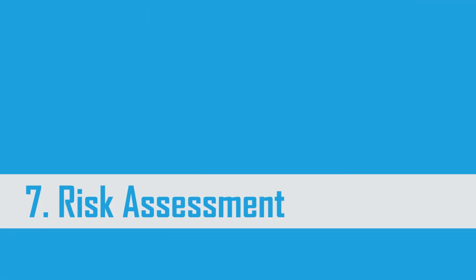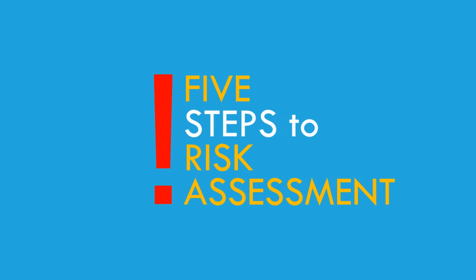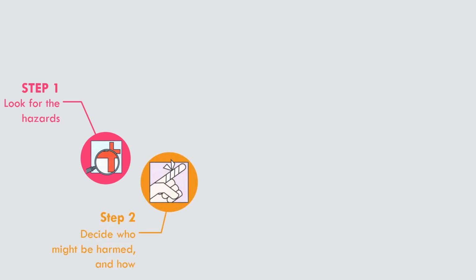For the risk assessment, before talking about the risk assessment of this project, let's talk about the 5 steps to risk assessment. Step 1. Look for the hazards. And step 2.